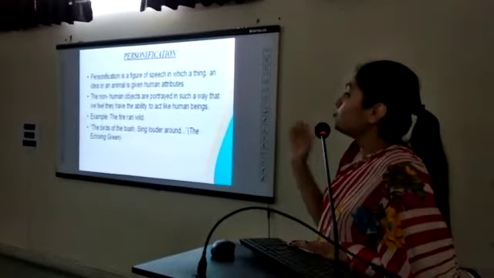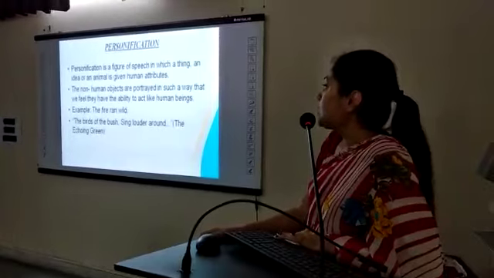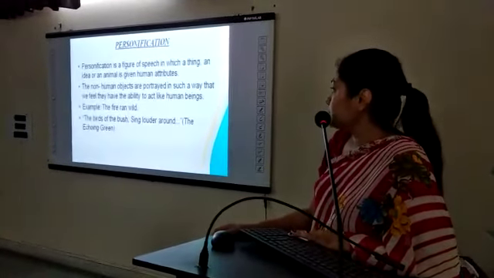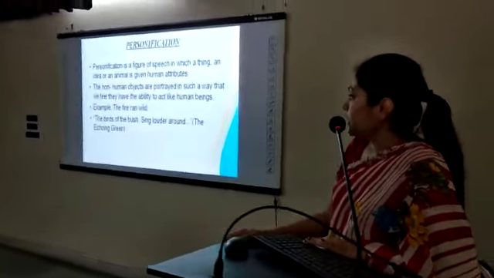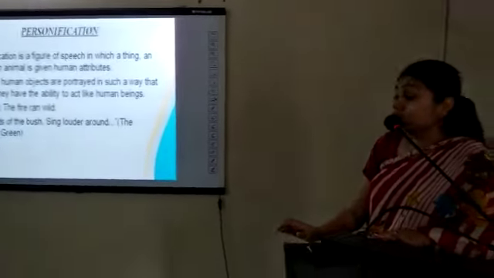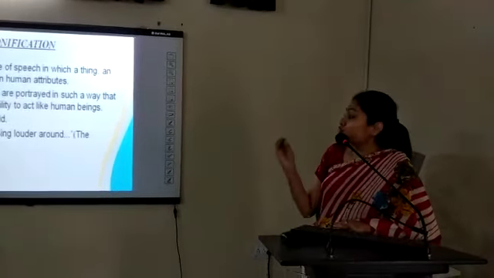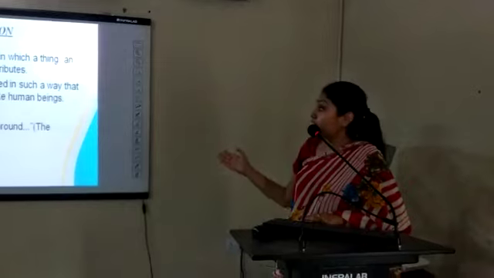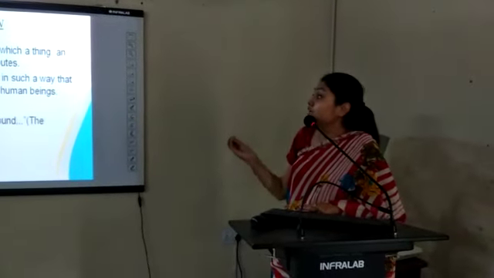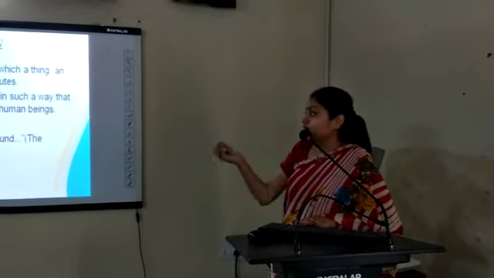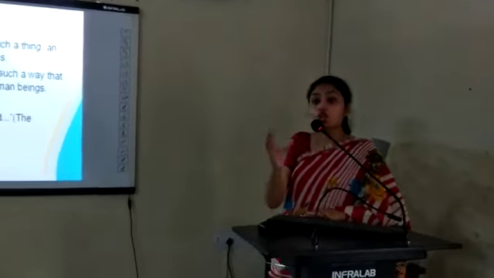It is one of the most common figure of speeches. Personification is a figure of speech in which a thing, an idea, or an animal is given human attributes. The non-human objects are portrayed in such a way that we feel they have the ability to act like human beings. Basically, non-human things or abstract things are attributed or given human qualities or values.